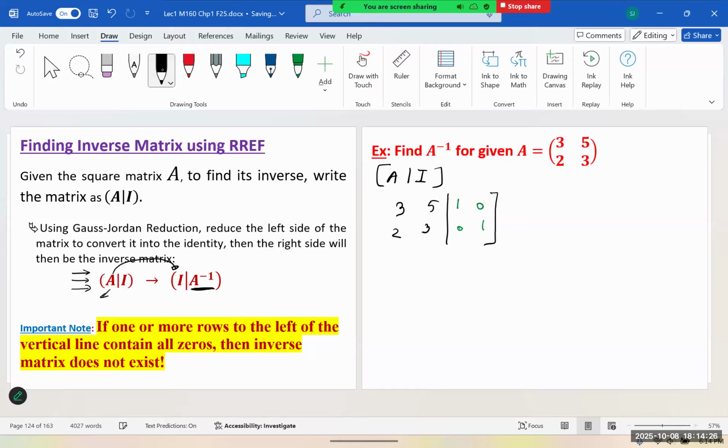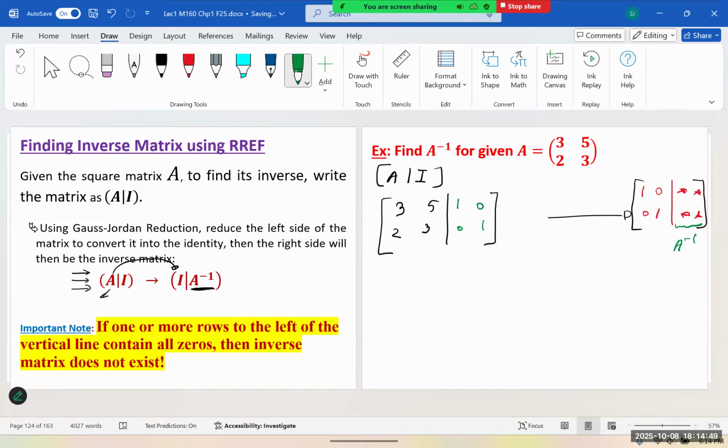Our goal is to do some row operations so that eventually the left turns into 1, 0, 0, 1, and then we have a bunch of numbers here. Whatever numbers you have here, that matrix will be the inverse matrix.